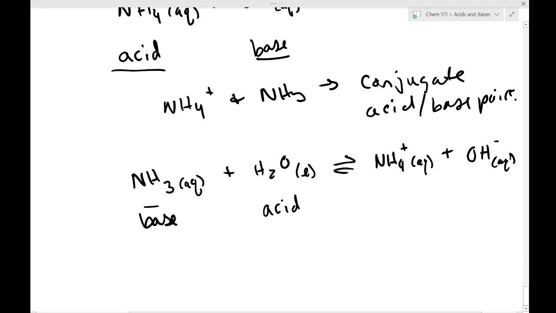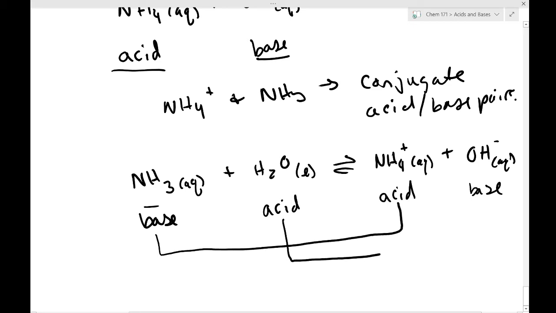So we have a conjugate acid-base pair between the ammonia and the ammonium, and a conjugate acid-base pair between the H2O and the OH minus.